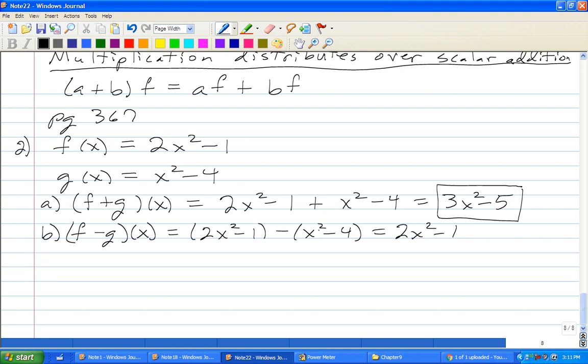Since I have a minus outside the parentheses, change all signs inside the parentheses. So this minus makes the x squared a negative x squared. And this minus makes the negative 4 into plus 4. 2x squared minus x squared is just x squared. Minus 1 plus 4, so 4 minus 1 is 3. And that is your answer.